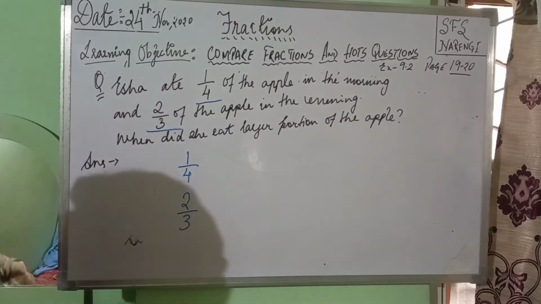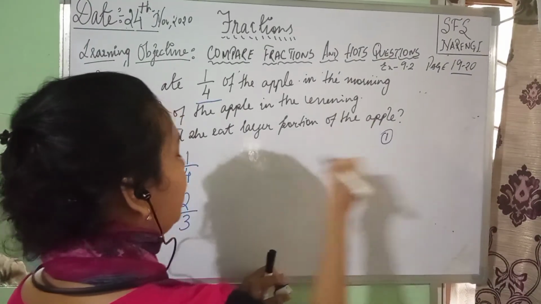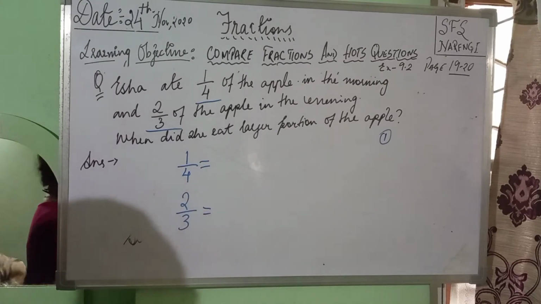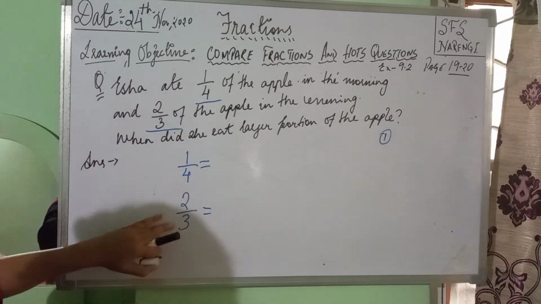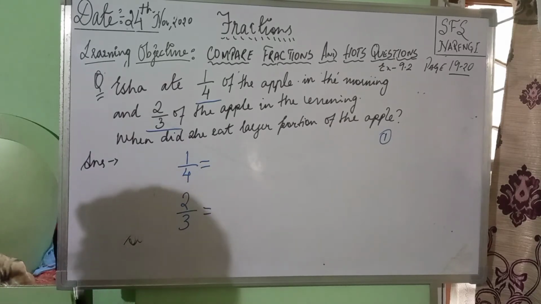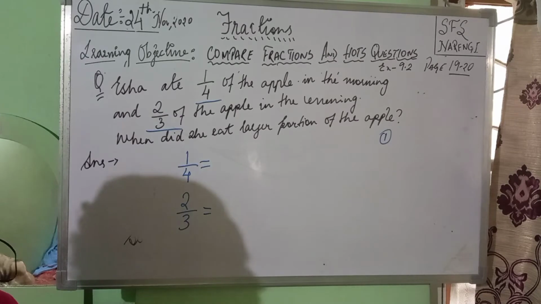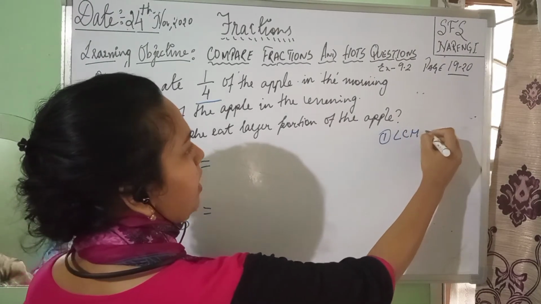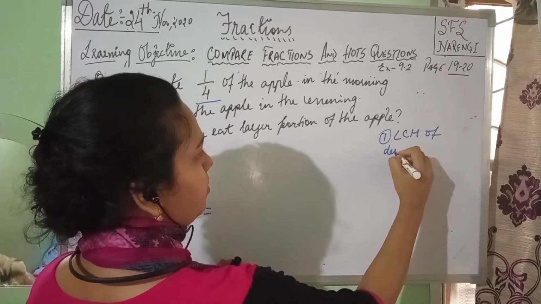They do not have the same denominator. So since they do not have the same denominator, what are we going to do? We are going to turn this into equivalent fractions with the same denominator. And to do that, what do we have to do? Number one, we have to take the LCM of the denominators.